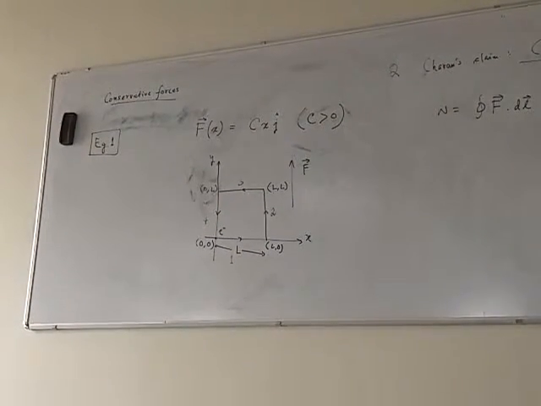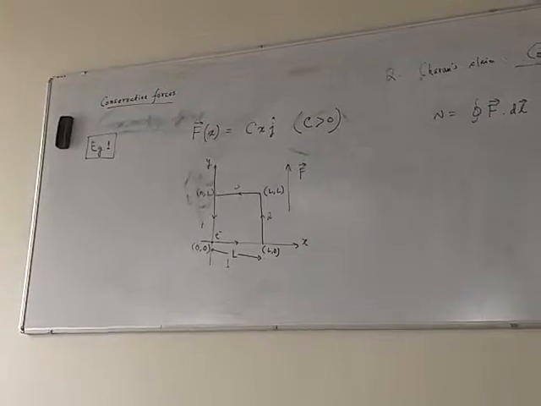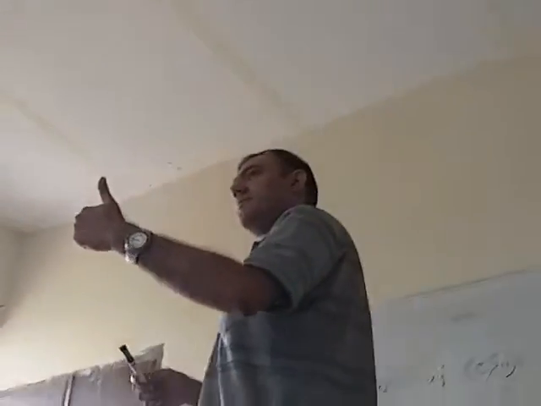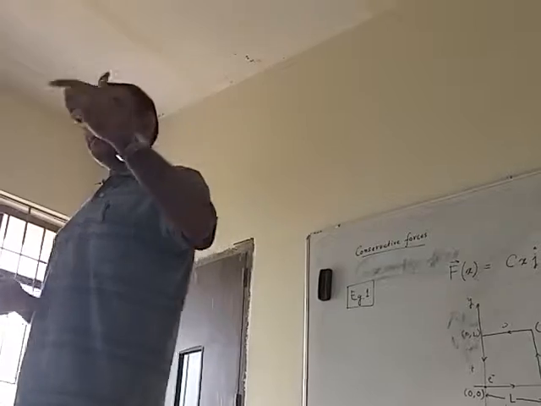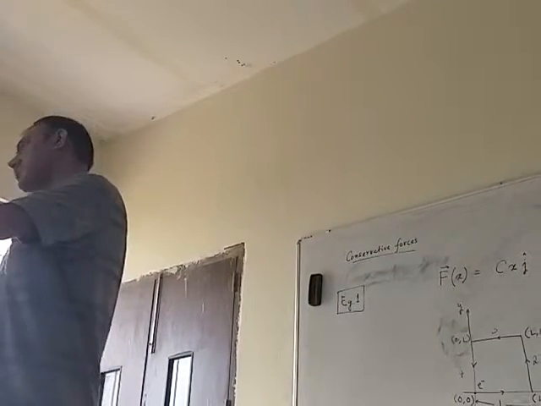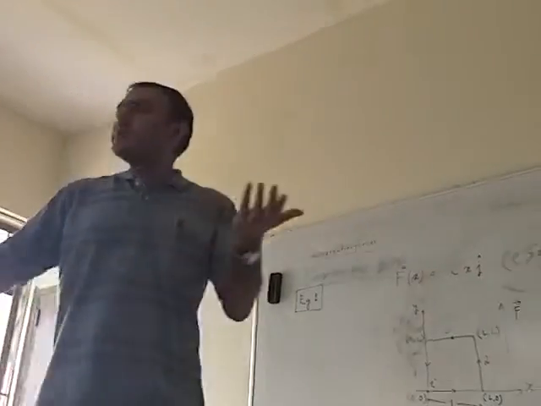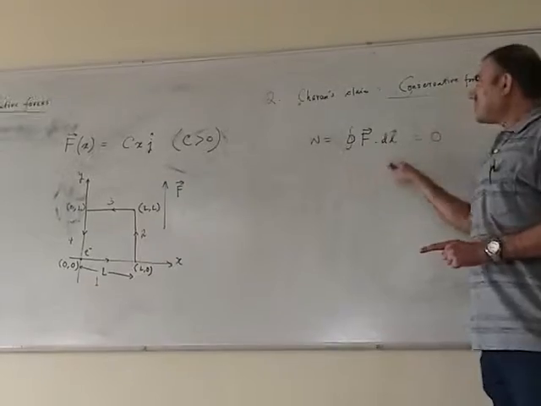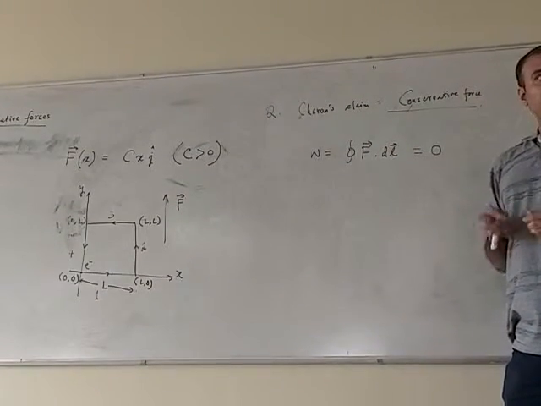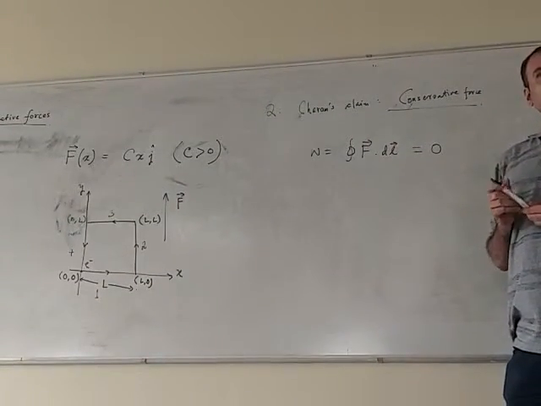As we know, work is simply a scalar. So if you add algebraically the work done along each of the sides, it should give you the total work done, equivalent to this entire integral. Is the approach clear?